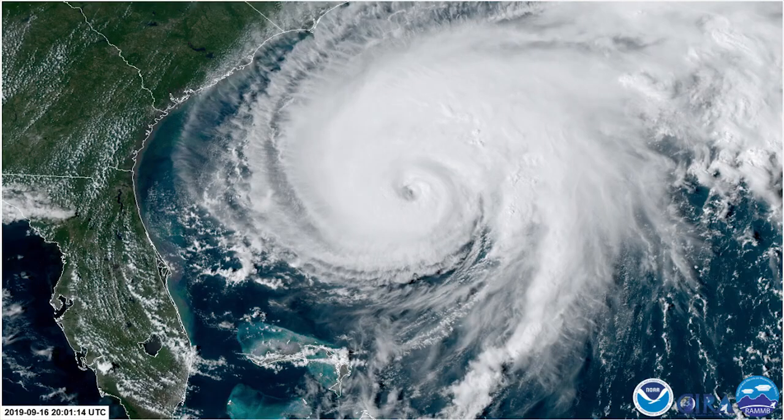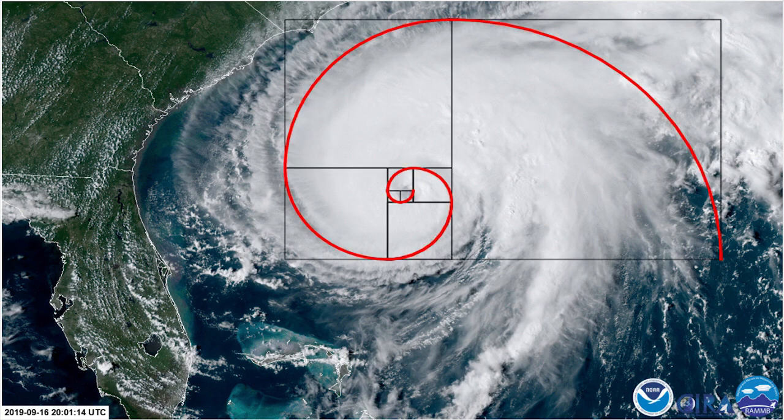If you want to go even bigger, hurricanes grow and are formed in the growth spiral. This one, look at this. We call it the pentagram of Venus. Notice you are there in the center on the Earth.